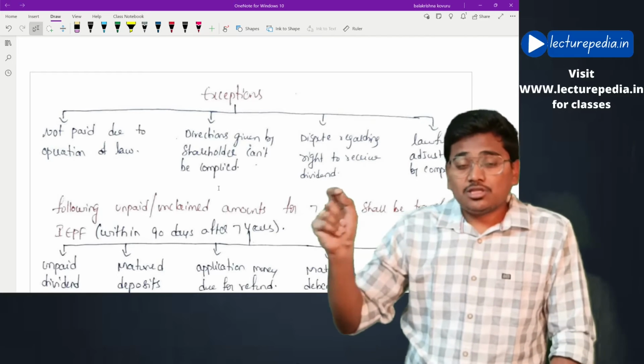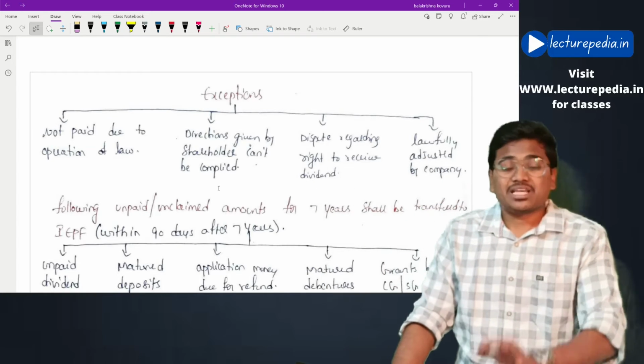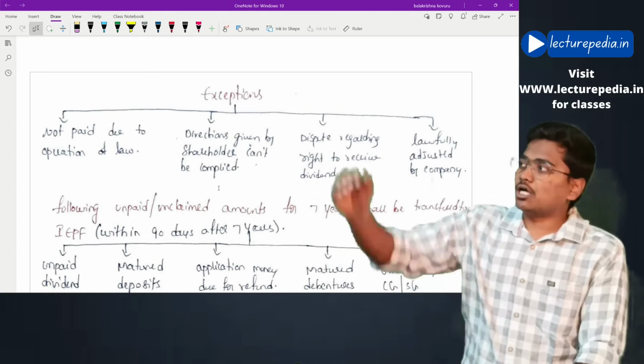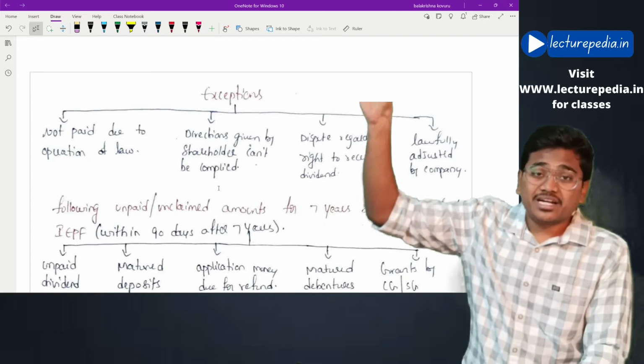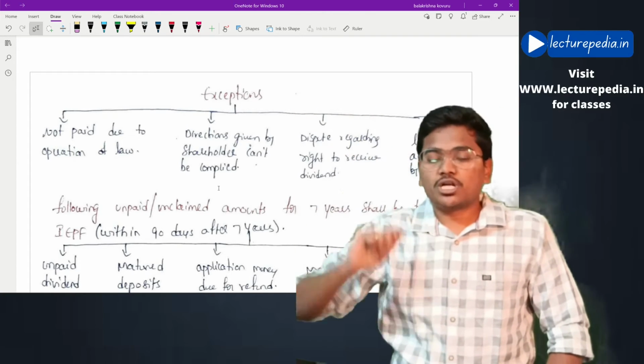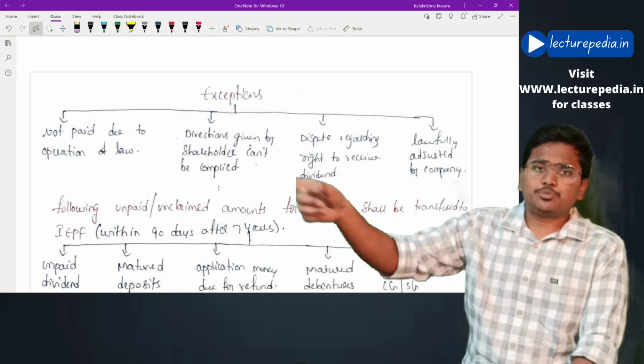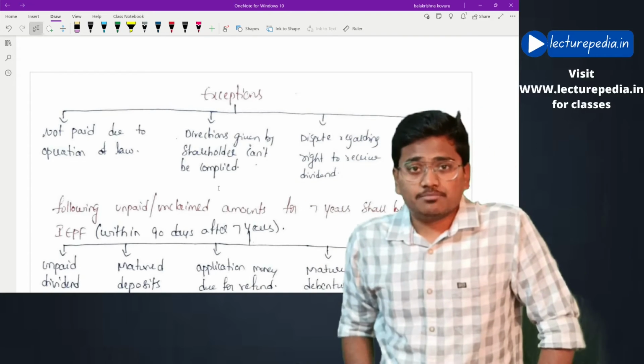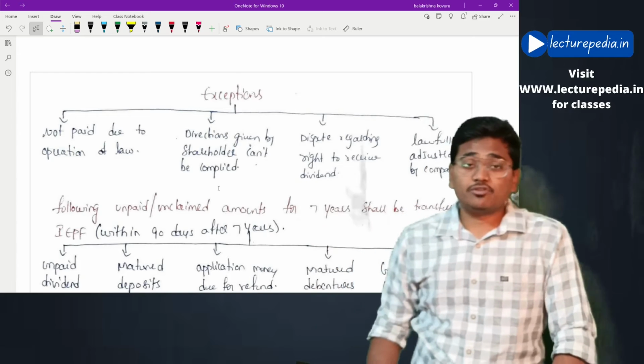So, even in those kinds of situations, the company can stop paying dividend on the particular shares relating to which there is a dispute of ownership. Once the dispute has been resolved, they can come to the company and claim the dividend. Even this is an exception in which the company will not be punished.